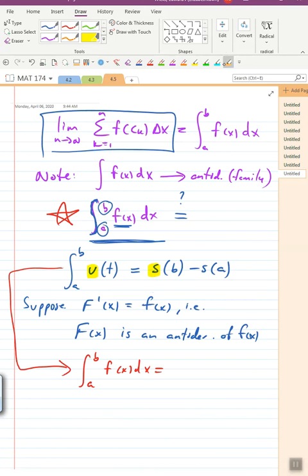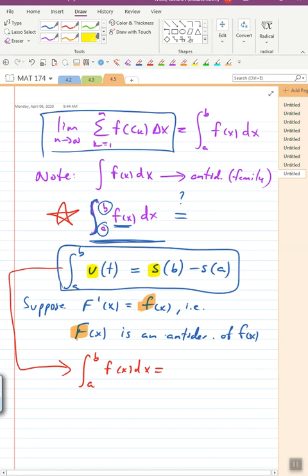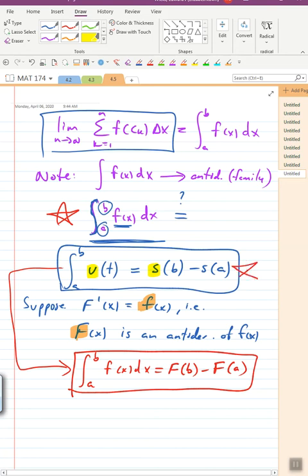In this case, we're saying that when you take the antiderivative of little f, you get big F. And if something like this is going to be true, it would be the antiderivative of little f evaluated at b minus that same antiderivative evaluated at a. This would be the general version of what happened in our velocity example. Okay, this statement is true, but we don't know this yet. You can't use it yet.